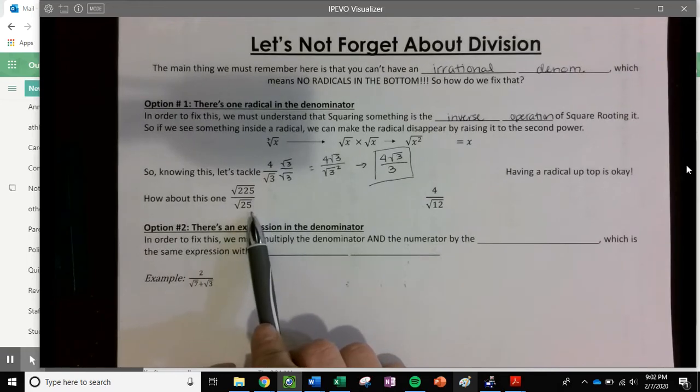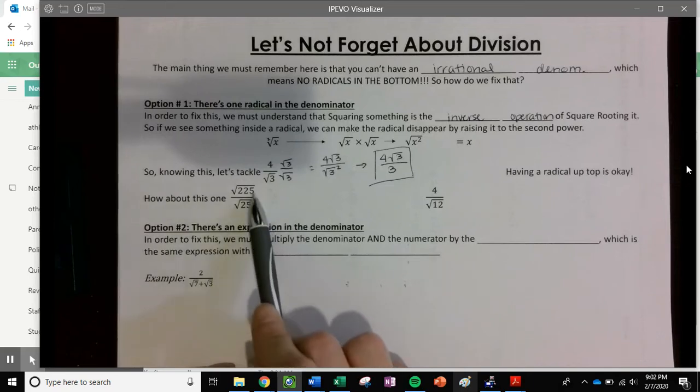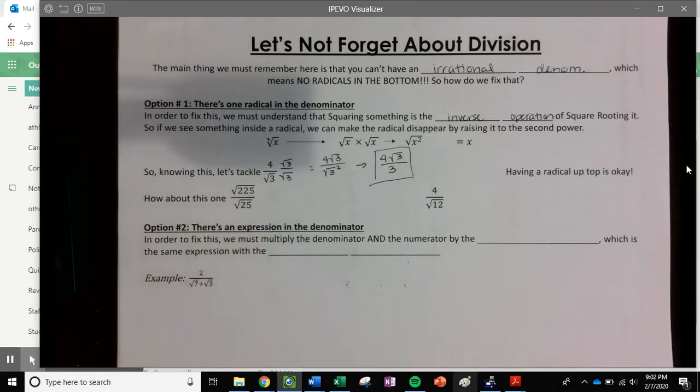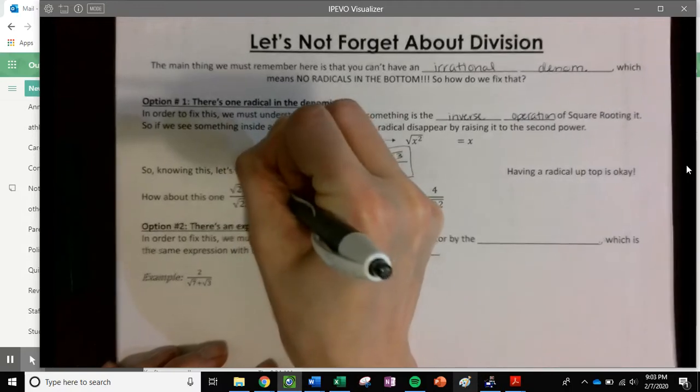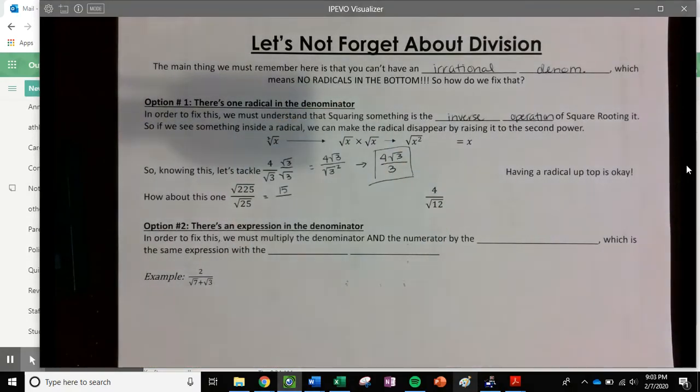Let's look at one like this. Square root of 225 divided by square root of 25. Well, what does 225 square root out to be? Is 225 a perfect square? The answer is yes. The square root is 15. Is 25 a perfect square? The answer is yes. The square root is 5.